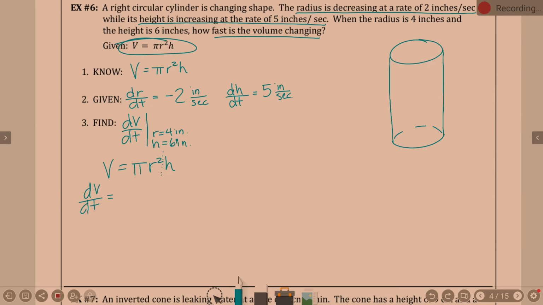So derivative of pi r squared is 2 pi r, keep the h, and then times dr/dt, because we did the derivative of that term with respect to r. Plus, now I'm going to keep pi r squared. Derivative of h is just 1, but then dH/dt. Plug it all in.